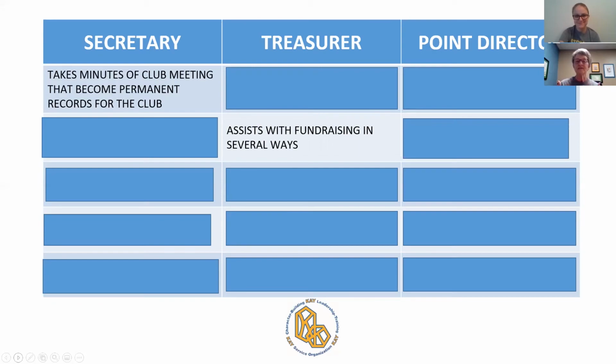So as far as keeping actual funds, your school will actually write checks for things because the money comes through your school. But you're going to work very closely with that school clerk on all kinds of things, especially fundraising.